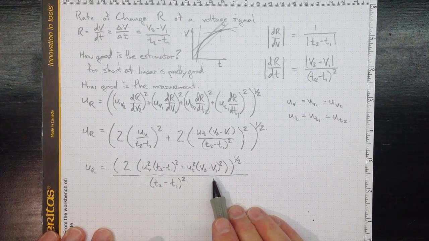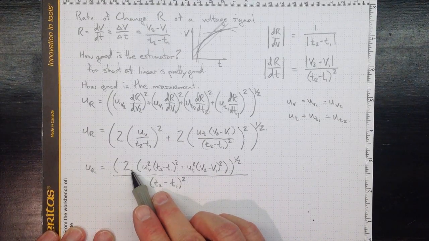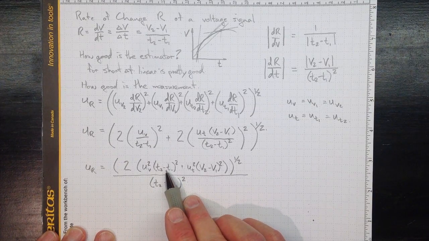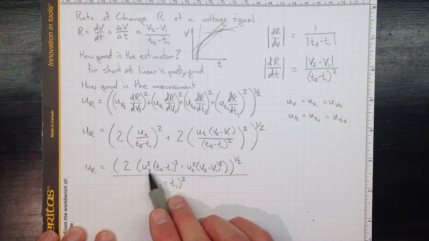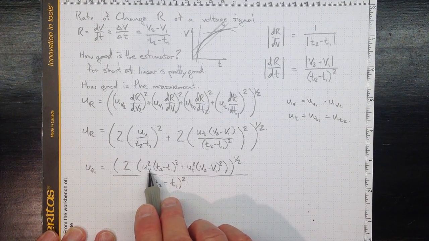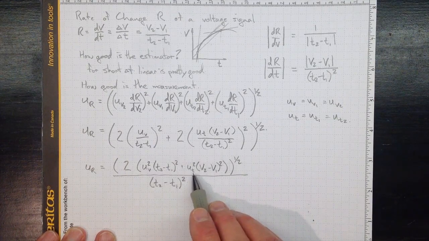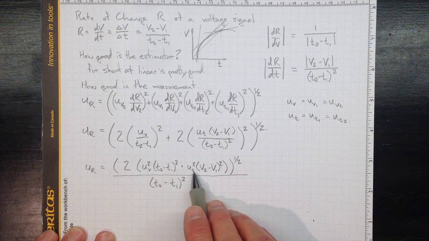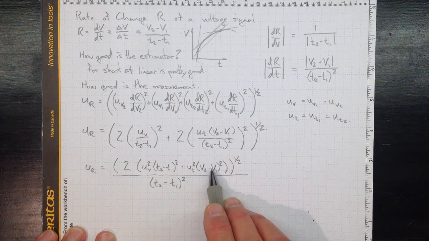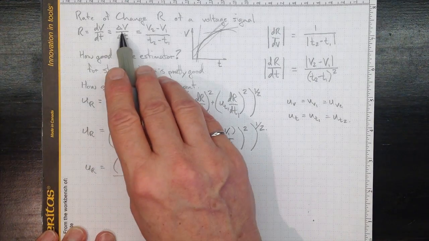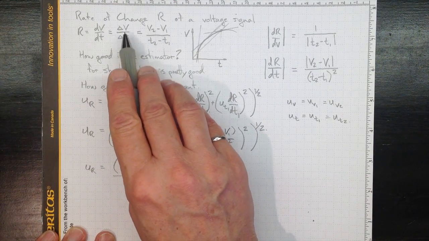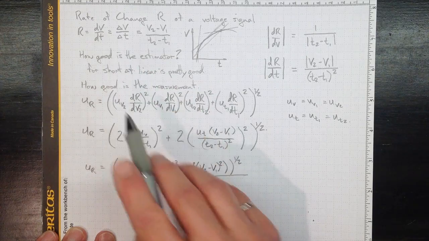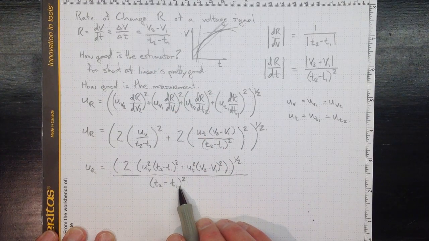So let's look at this relationship. It says that there's a factor of 2 because we've got 2 times that we're measuring and 2 voltages that we're measuring. There's an uncertainty associated with the fact that we don't know the voltage as well as we might like, and with the fact that we don't know the time as well as we might like. And those are modified by the actual changes that we measured. How big were the differences between the voltages and the time?